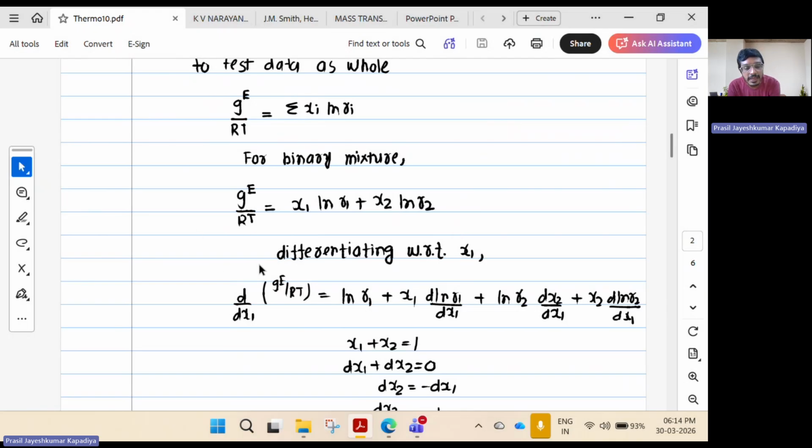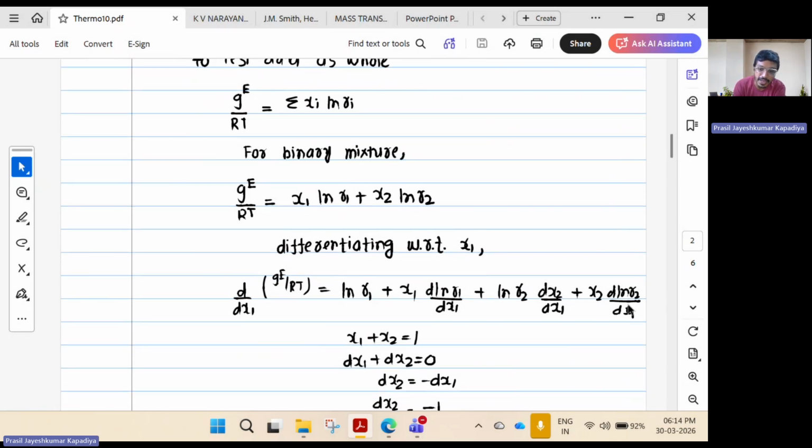So d by dx1 of G by RT is equal to, let's say I'm keeping ln gamma 1 constant. The differentiation of x1 with respect to x1 is 1, so we are left with ln gamma 1, plus, keeping x1 constant, the differentiation of ln gamma 1 with respect to x1, which is x1 d ln gamma 1 by dx1, plus, keeping ln gamma 2 constant, differentiating x2 with respect to x1, which is dx2 by dx1, plus, keeping x2 constant, differentiating ln gamma 2 with respect to x1, that is x2 d ln gamma 2 by dx1.